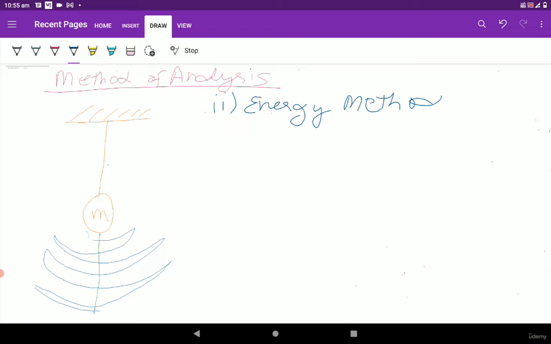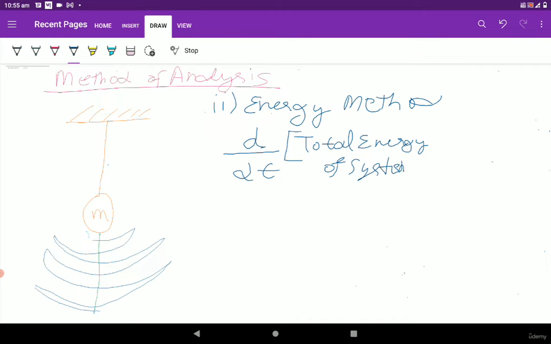We differentiate the total energy of the system with respect to time. The differentiation of the total energy of the system is equal to 0. This is the second method of solving, the energy method.